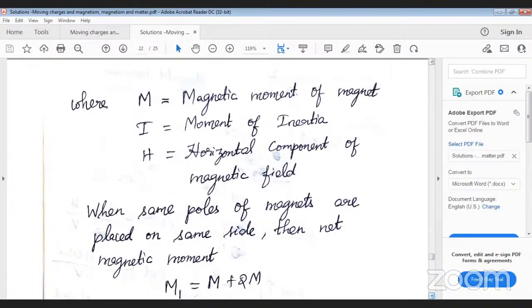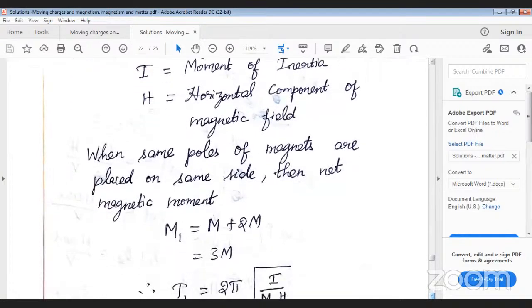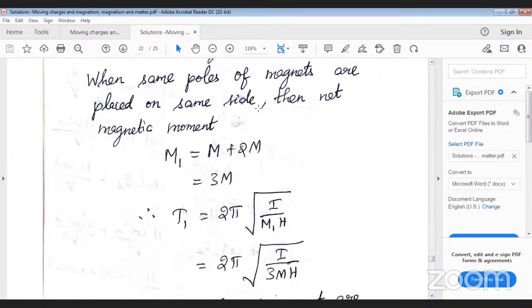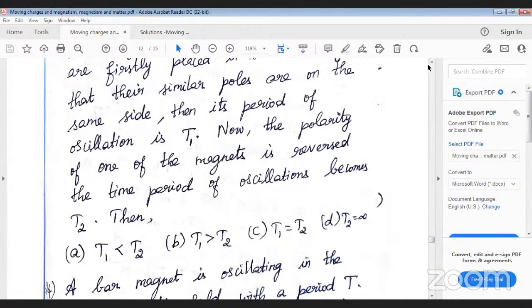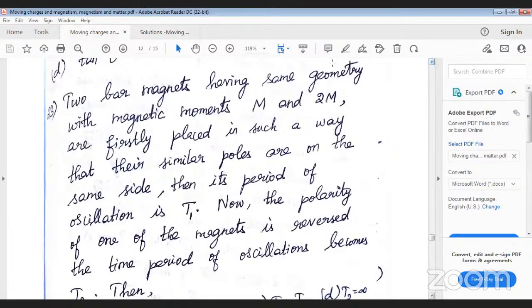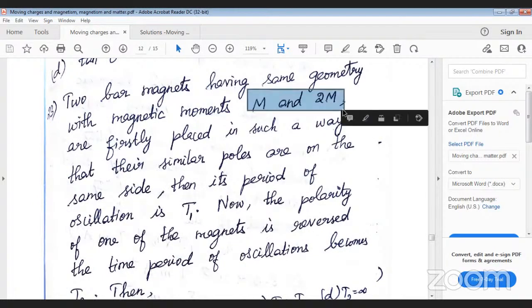When the same poles of the magnets are placed on the same side, the net magnetic moment is M plus 2M, because the magnetic moments are simply added up.